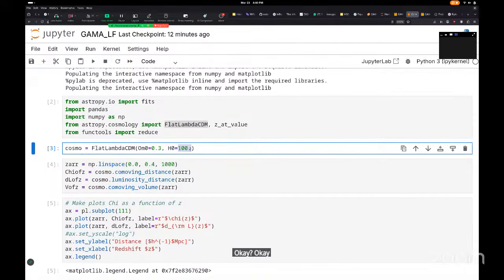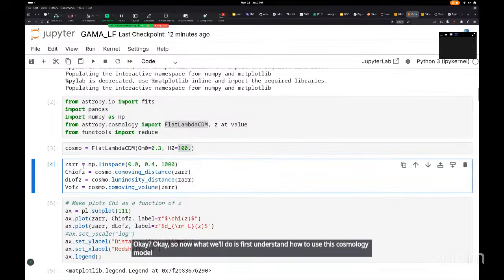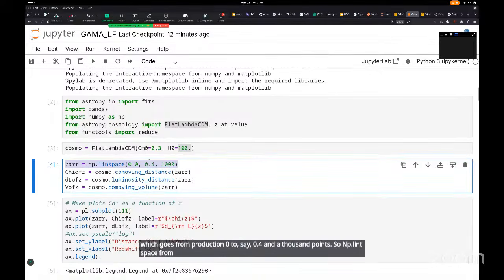Okay, so now what we'll do is first understand how to use this cosmology module. So let's plot some of these distances that are there. Let's create a z array which goes from redshift 0 to say 0.4, and there are 1,000 points. So np.linspace from minimum redshift to maximum redshift and how many points you want.